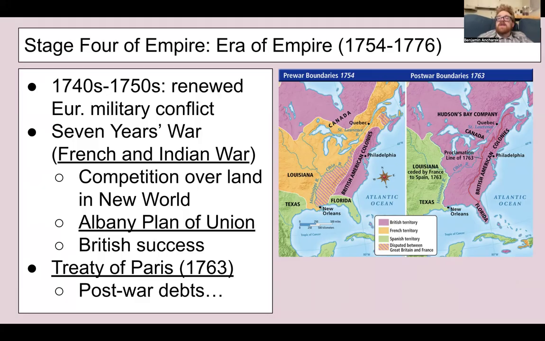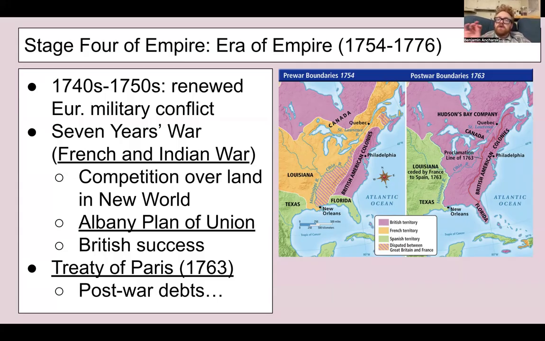So, in the 1740s, 1750s, and 1760s, England is back at it again with rivals and wars with its enemies, namely the French, the Spanish, and to a degree, the Dutch as well. In order to pay for these wars, England is going to have to reconsider how it does that. And we'll take a look at some of the discussions about that later.